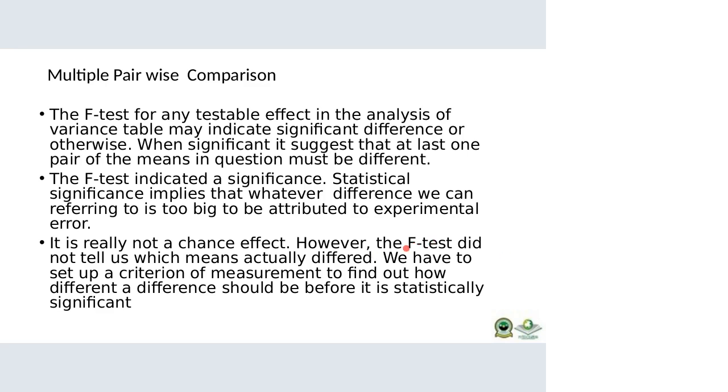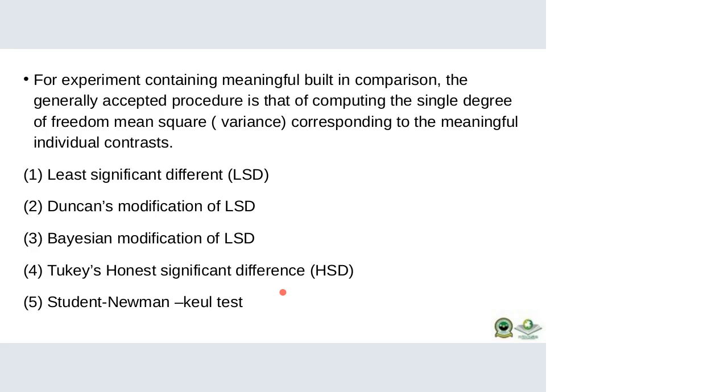However, the F-test did not tell us which means actually differed. We have to set up a criterion of measurement to find out how different a difference must be before it is statistically significant. I'm sure we are not hearing this for the first time. We have examples of models that can be used to carry out that operation.